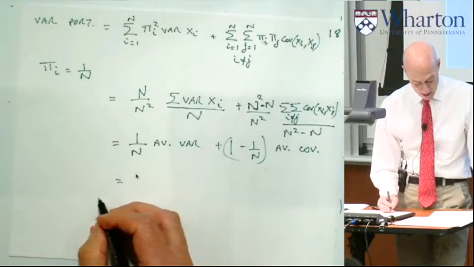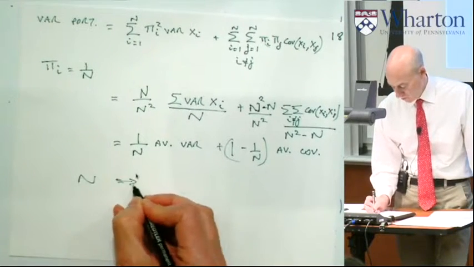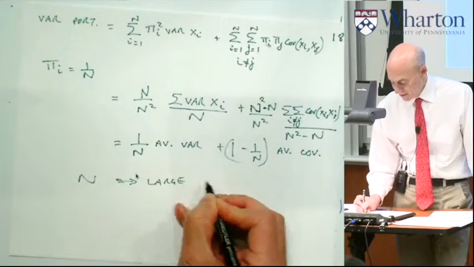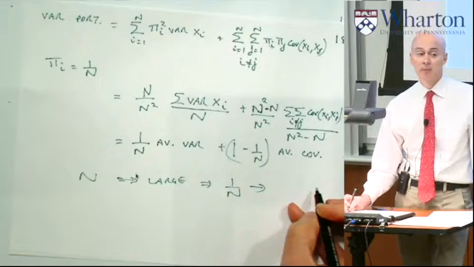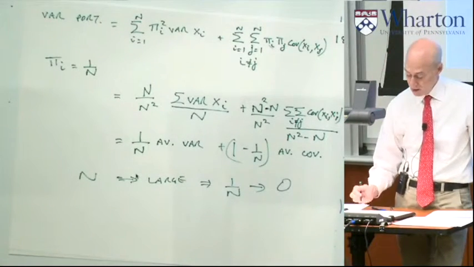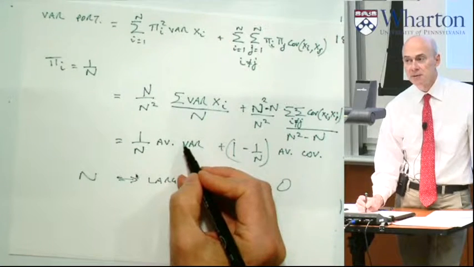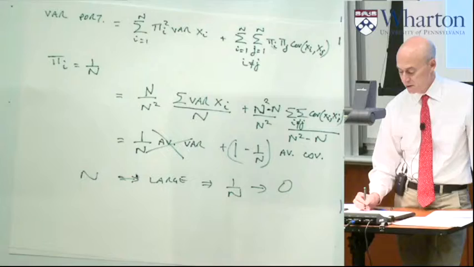As n becomes large, what happens to 1 over n? It goes to 0, becomes small. What happens to the variance term? That drops out.